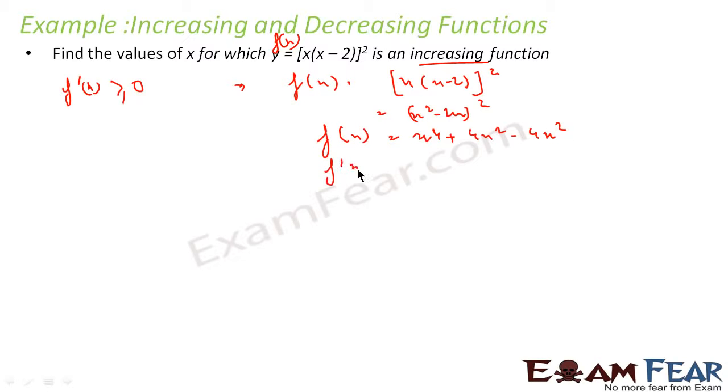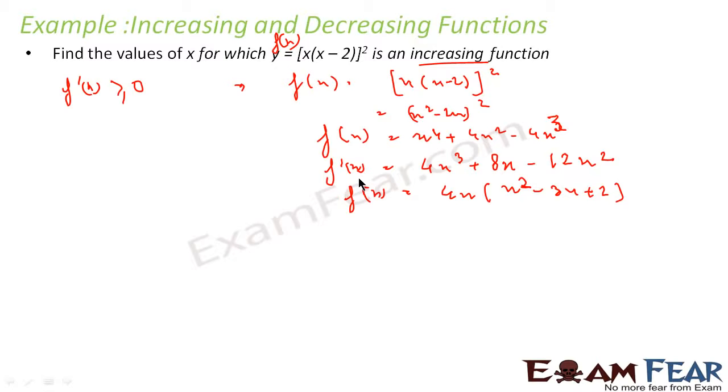So my f dash x will be 4x cube, plus 4 into 2x, that is 8x, minus 4 into 3x square, that is 12x square, correct? If you take common, this is nothing but 4x into (x square minus 3x plus 2). So this is my f dash x.